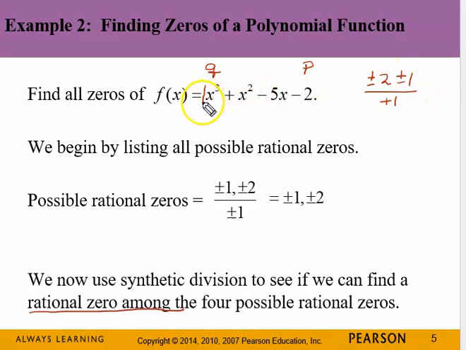And for our Q value of 1, it's just plus or minus 1, which is what they're showing here. Now, as we take each of these, 1 over 1 is 1, and 2 over 1 is 2. So we have a possible plus or minus 1, a plus or minus 2.